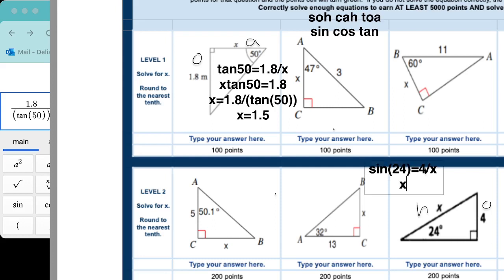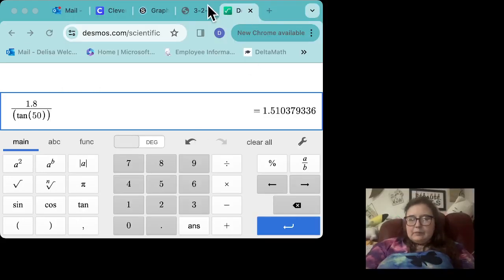And just like the last time, we're going to want to make sure we multiply each side by x to put x on the top of our fraction. And then we're going to want to divide each side by sine 24 to get x by itself. So now we can go to our calculator and plug that in.